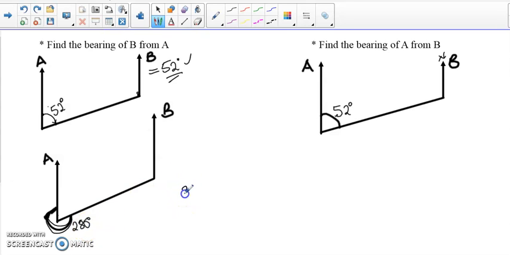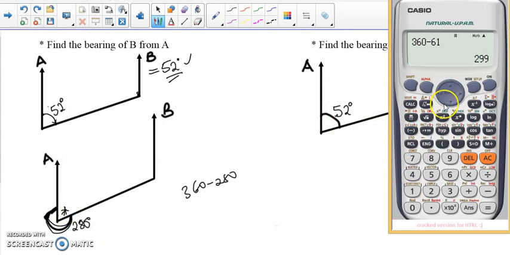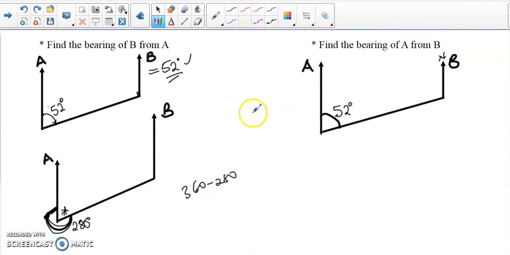That means 360 minus 280 will give me this angle here, and that is the bearing of B from A. So let's check: 360 minus 280 gives us 80 degrees. So the bearing of B from A is 80 degrees.